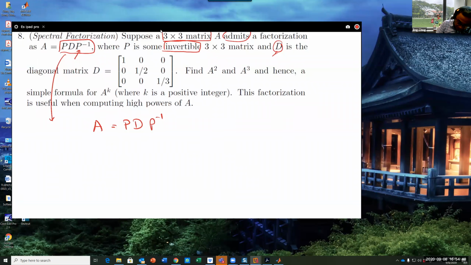For the first A, I'm going to write PDP minus 1 here. The second A, I'm going to write in green, so you guys can see. The first A is in red. The second A is in green.